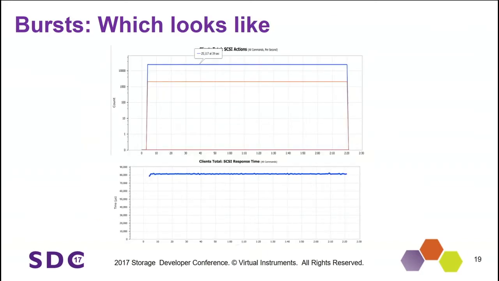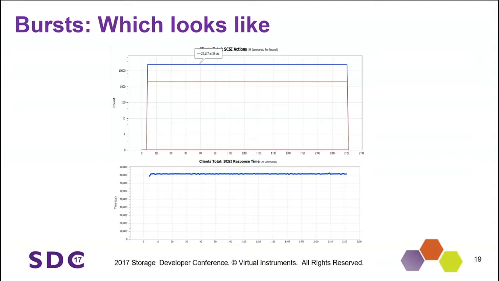So we're seeing here, what am I trying to read here? Oh, actions: 25K IOPS here, and we're getting a response time of about 40K microseconds. 40 milliseconds, sorry.